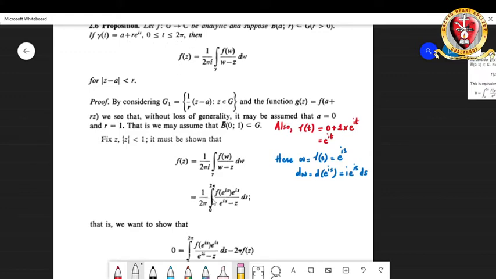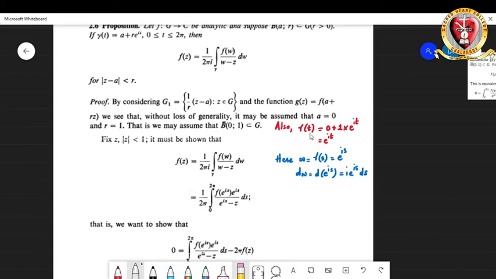So you can write the lower limit and the upper limit of that parameter, 0 to 2 pi. Instead of w, we have gamma of s. We are taking it as s instead of t because you already have a t for the substitution there, so we are just making a little change.